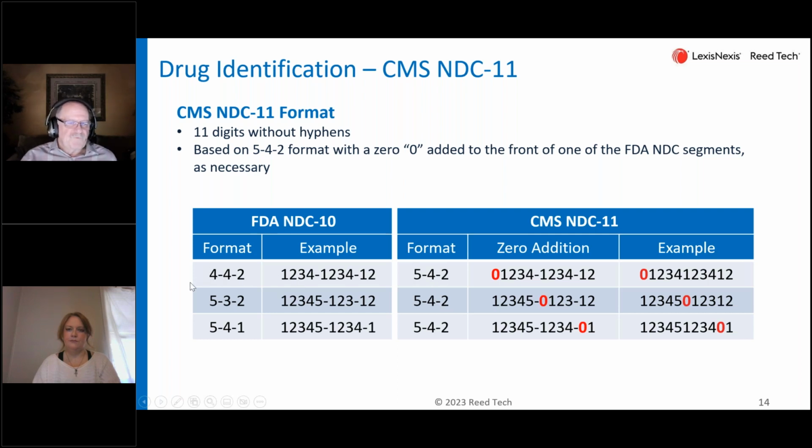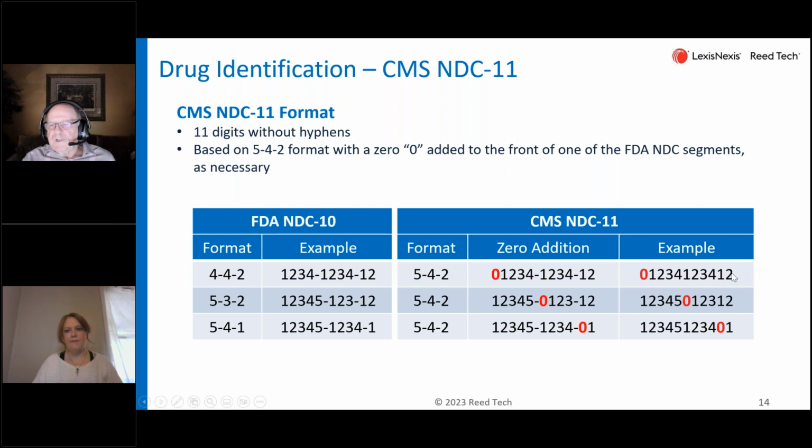So if we take the very first row, this example, we have this 442, and it has this 1234 1234-12 example. In this particular case, to make it 542, we need to add the red 0 to the front of the labeler code. So now that 0 becomes part of the full NDC number, and then in use we remove the hyphens, and we have this number on the right-hand side.